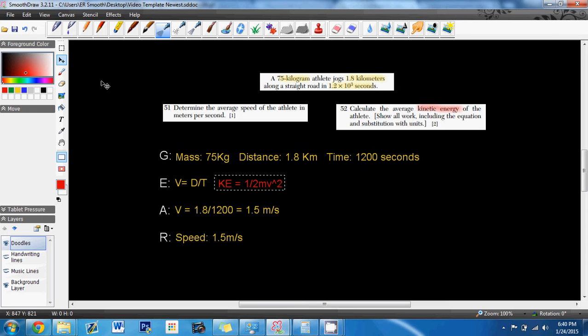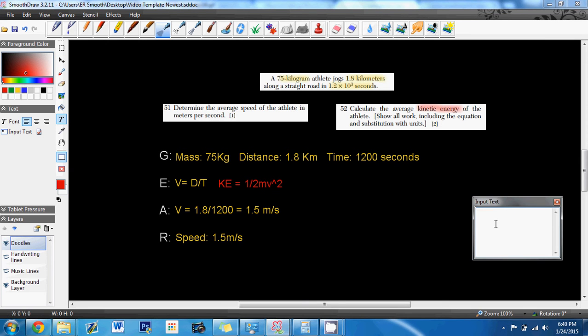So we plug that into the equation, which is half m v squared, and we get half. Substitute the m for 7.5 kg. Then you substitute the v for 1.5 meters per second. And then you don't forget the square.